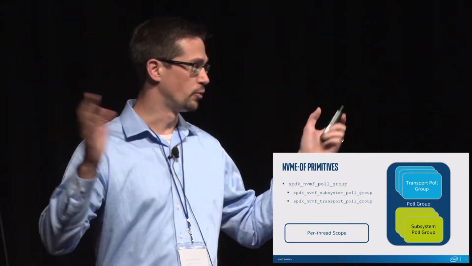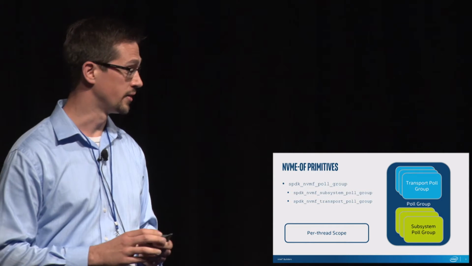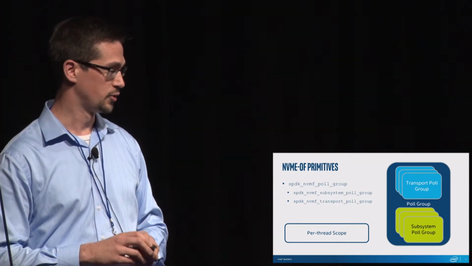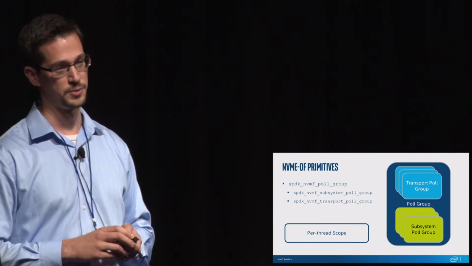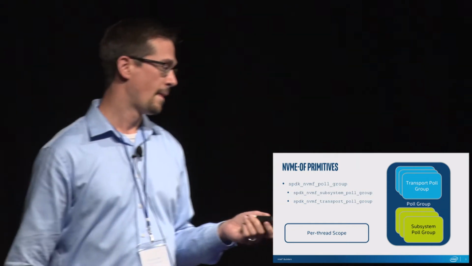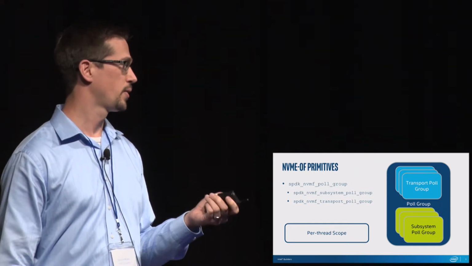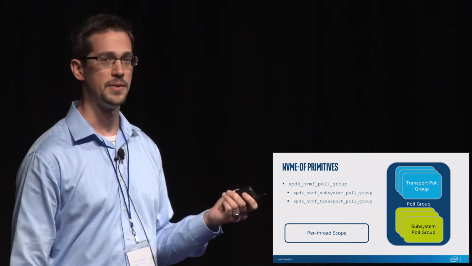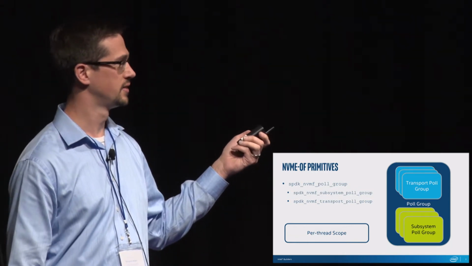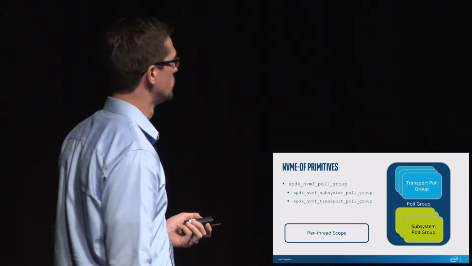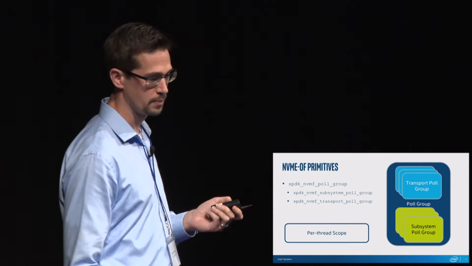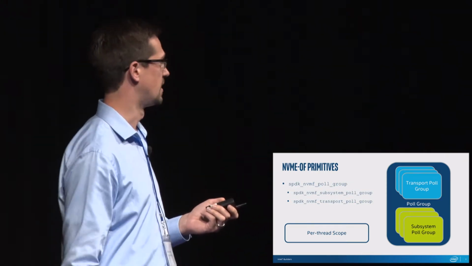You can create n poll groups, 1 per thread is the typical model. This contains transport poll groups and subsystem poll groups, which we'll show what those contain. These are effectively per thread caches of data mirrored out of the global equivalent object, so that you can reference your per thread cache of that to avoid taking locks.